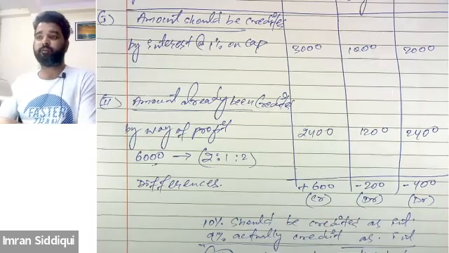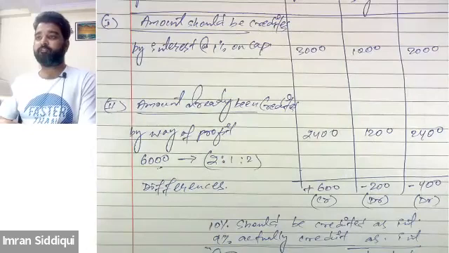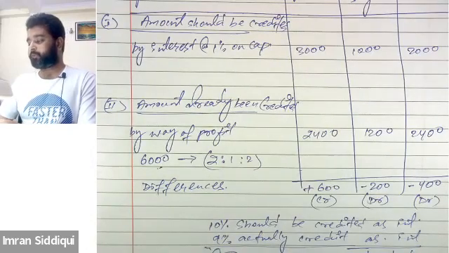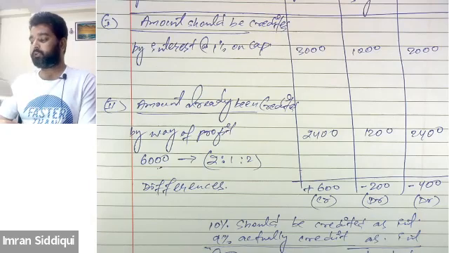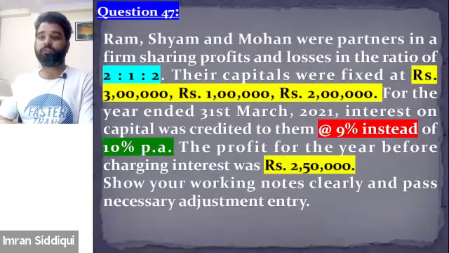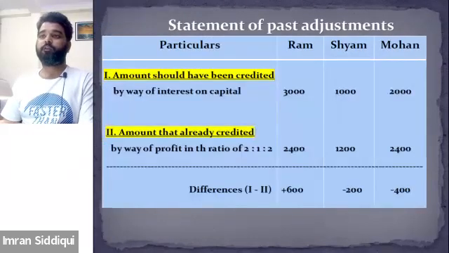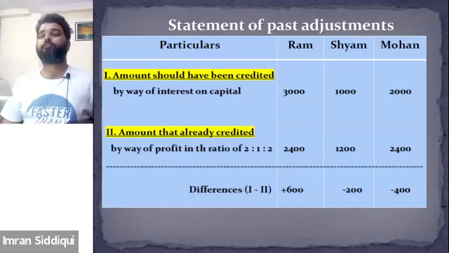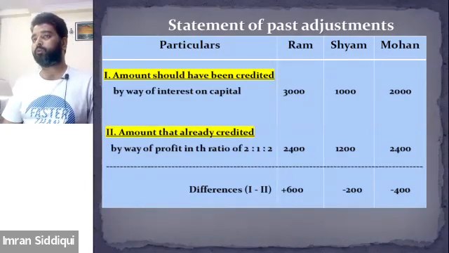Is this clear, everyone? So the general entry will be Mohan's capital account, Shyam's capital account debit to Ram's capital account. Let me show you the solution of this question. Note it down. This is the correct solution. If anyone has any doubt, you can ask.